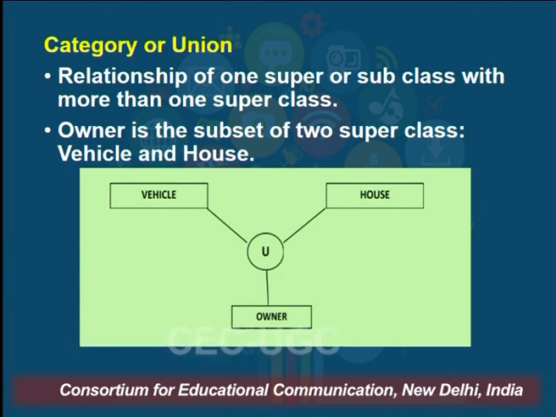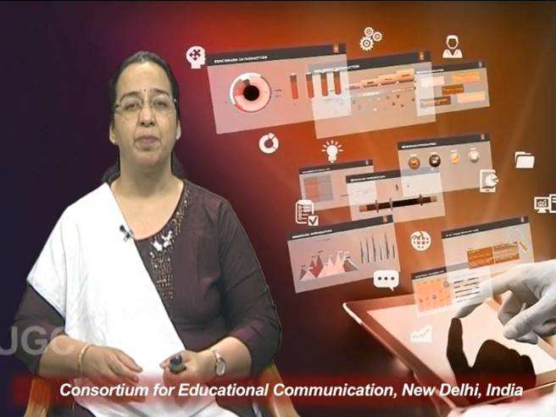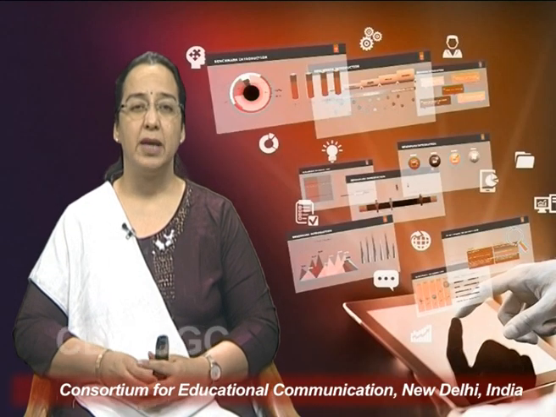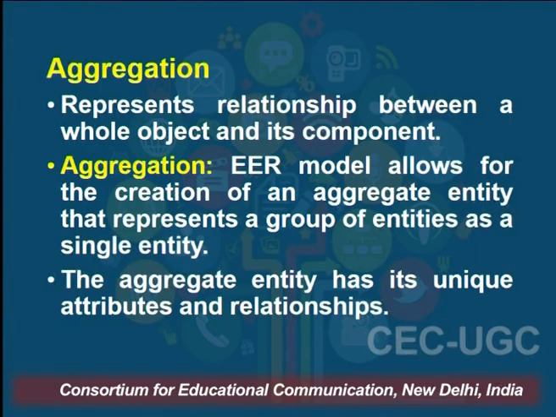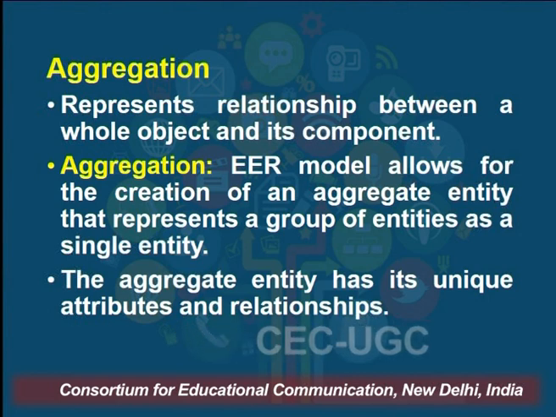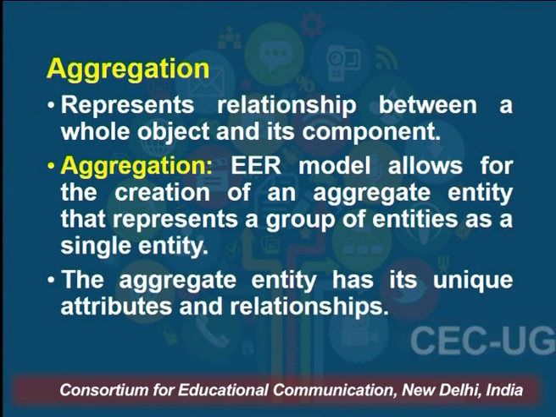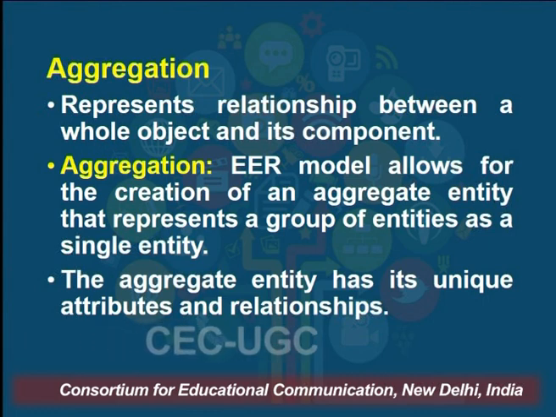Apart from this union or category, we also have the facility of aggregation. So aggregation is something which represents the relationship between the whole object and its component. And this extended ER model or enhanced ER model allows for the creation of an aggregate entity that represents a group of entities as a single entity.